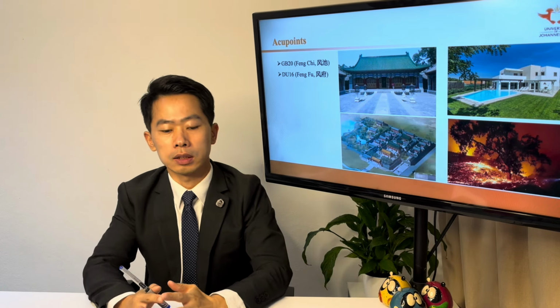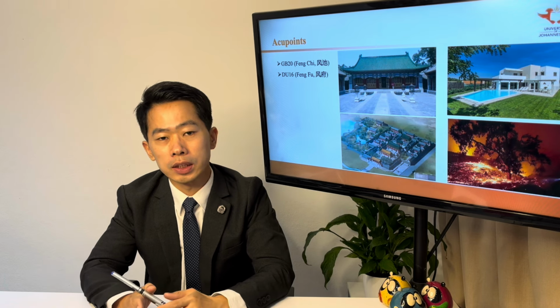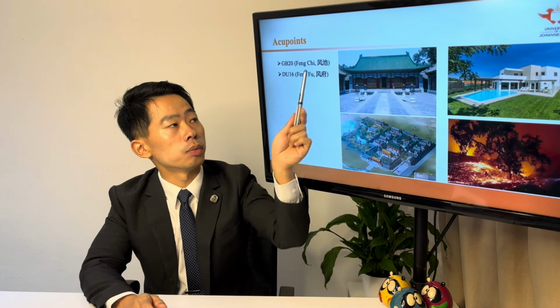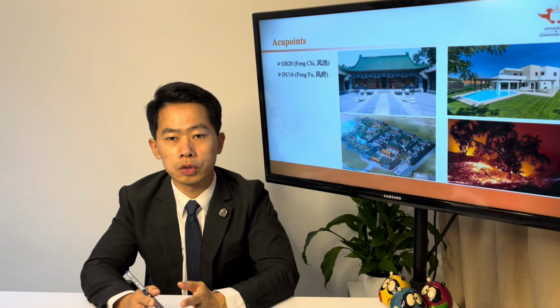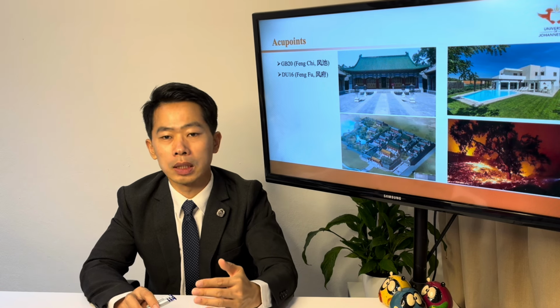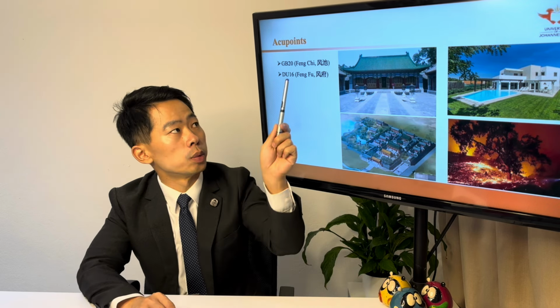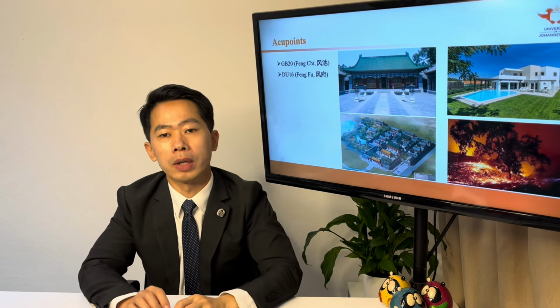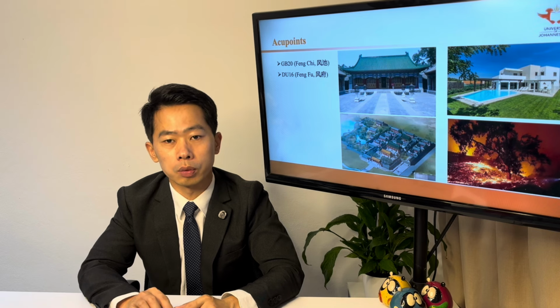So you can use GB31 for internal wind. Both of these two acupoints, GB20 and GB31, are suitable for wind disorders, any diseases or symptoms that relate to wind. But GB20 is more suitable for external wind, and GB31 is more suitable for internal wind.